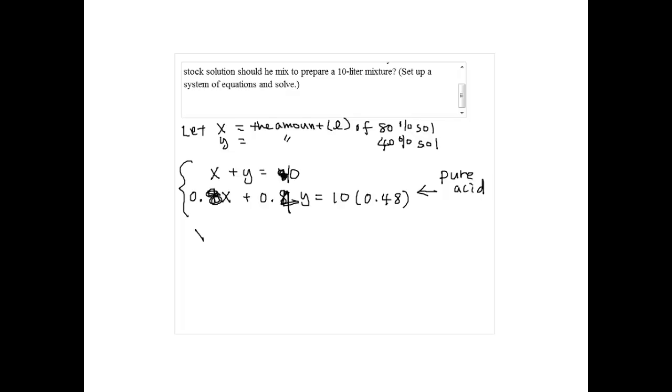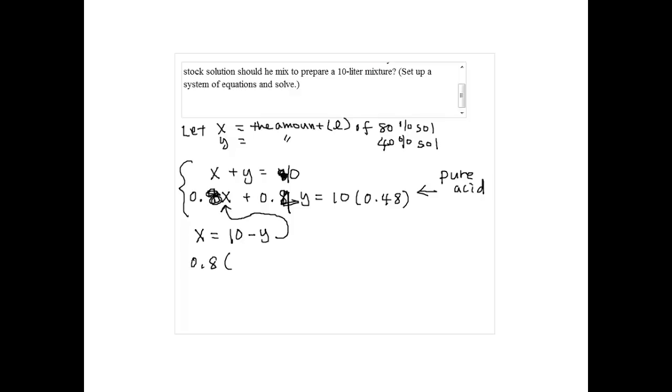So we're going to solve this system. First, solve the first equation for x. So we have x equals 10 minus y. Then substitute 10 minus y for x in the second equation.